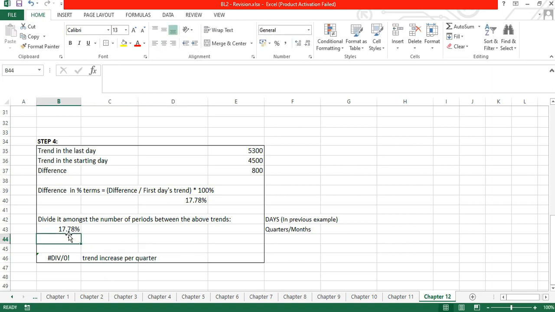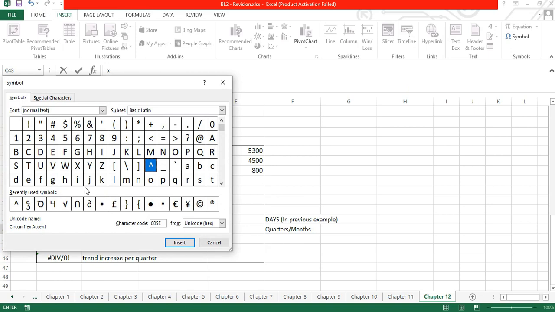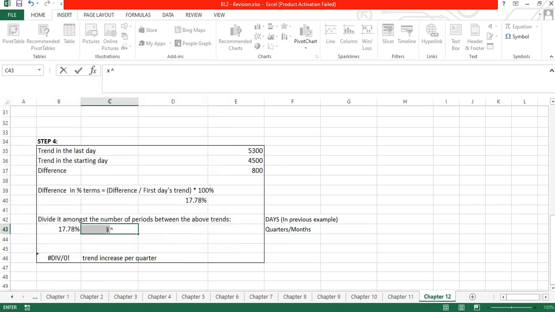What you should do is take this to the power 1 divided by the number of quarters.